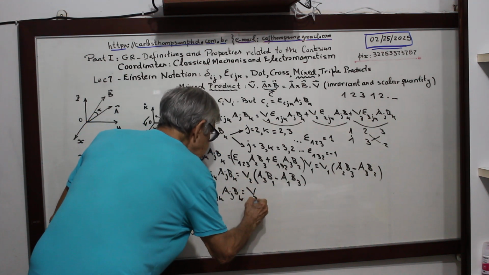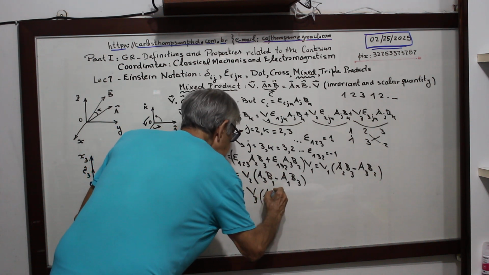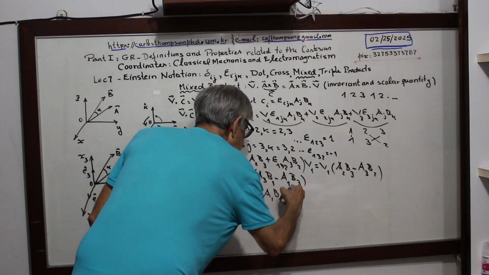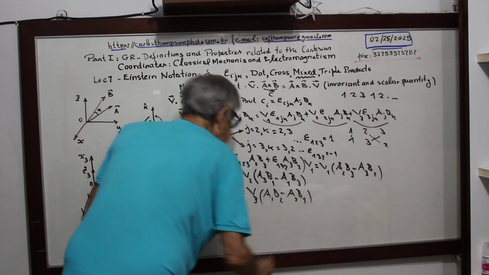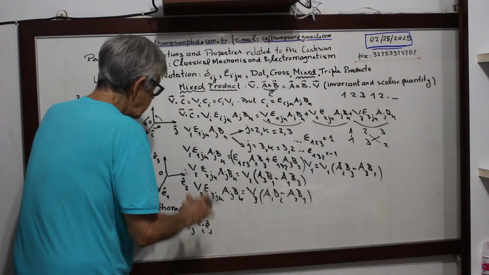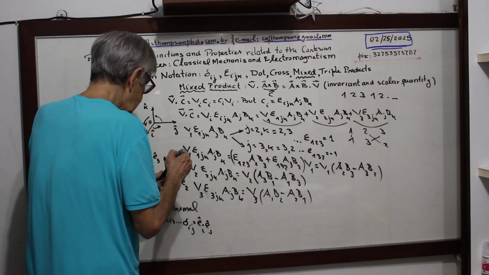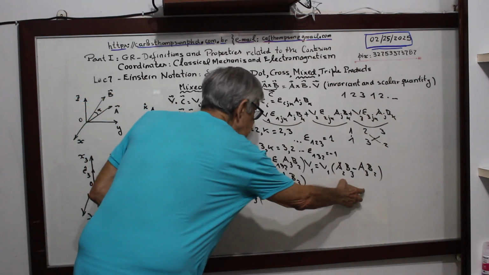After 2 is 3, after 3 is 1, after 1 is 2. Now, that's the answer. That's the answer. It's the sum of this term plus this.